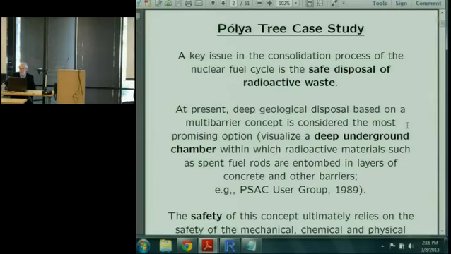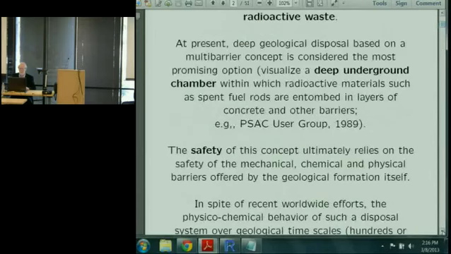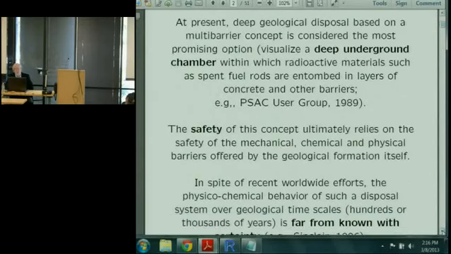So I worked on this team for a couple of years. And like it says back here on page 2 of section 6, part 6, section 2, at present, and this is a little bit more formal than what I just said, deep geological disposal based on a multi-barrier concept, that's the thing that the bureaucrats write about now, is considered the most promising option.